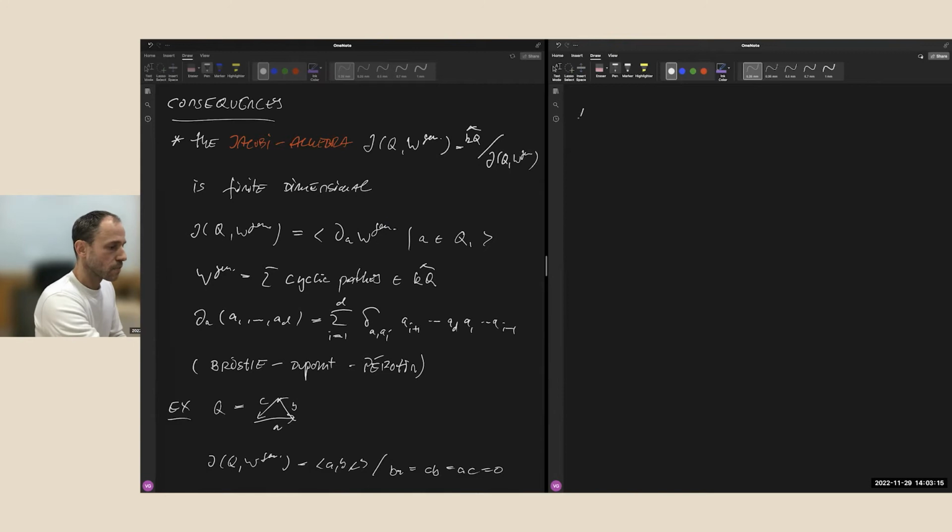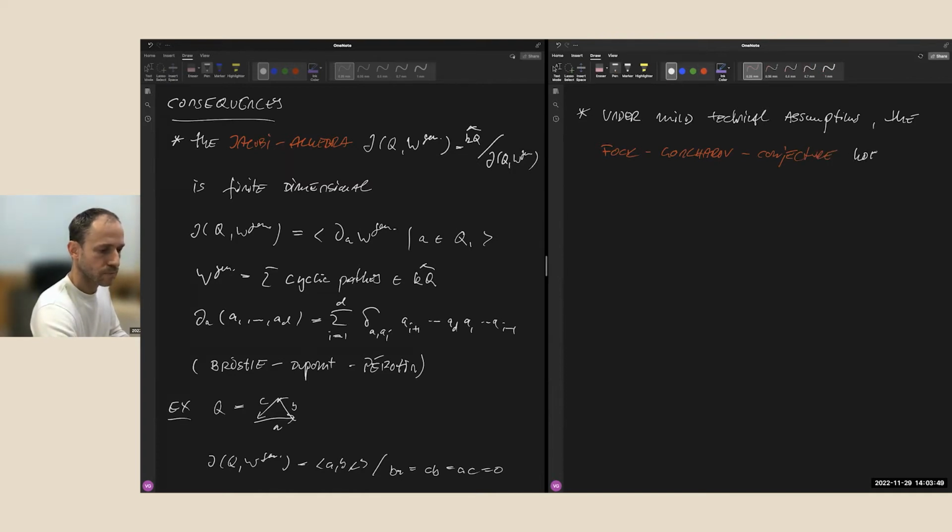So another nice consequence of the existence of reddening sequences is that under my technical assumptions, the Fock-Goncharov conjecture holds for the cluster algebra AQ.